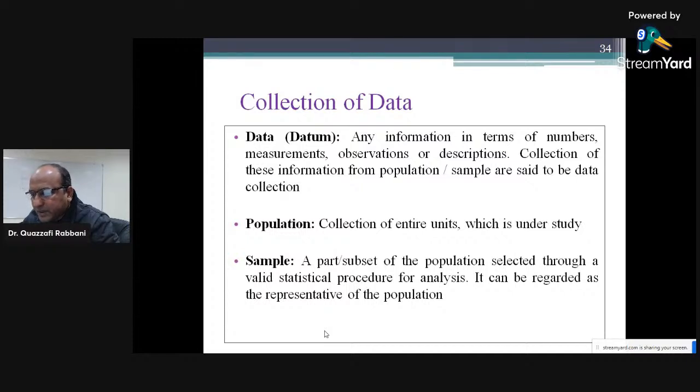Now the sample is a part or subset of the population, a portion of the population taken through a valid statistical procedure for analysis. So actually the population is the entire collection of units and the sample is a small part of the population.